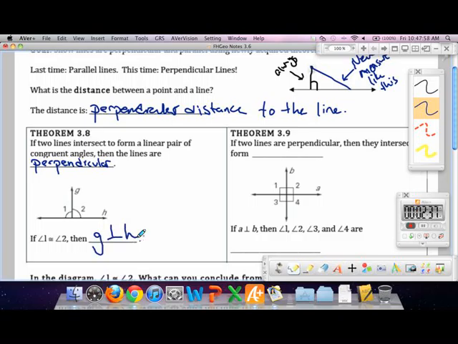So if this is true, then G is perpendicular to H. The symbol for perpendicular is the upside down T. If two lines are perpendicular, then they intersect to form four right angles.